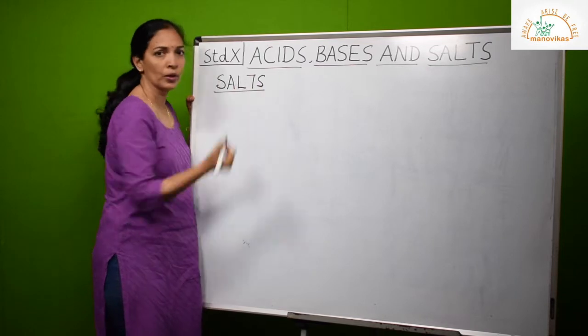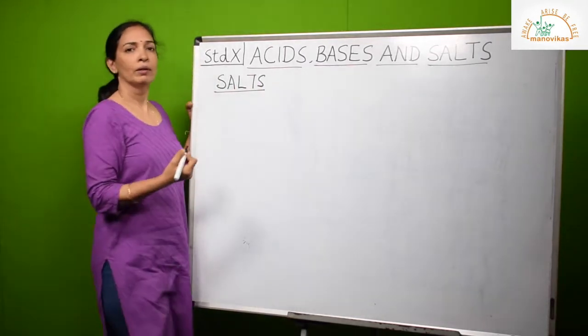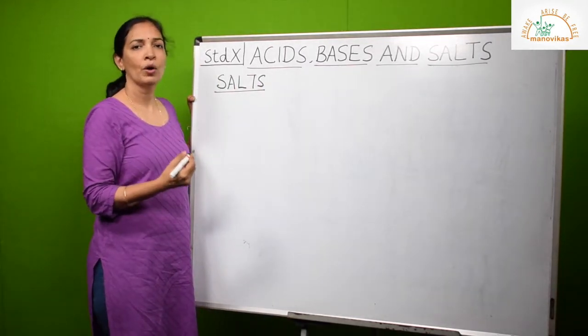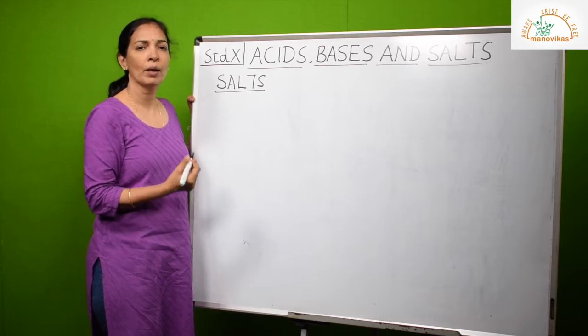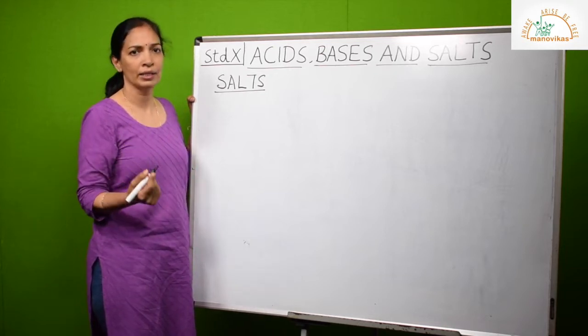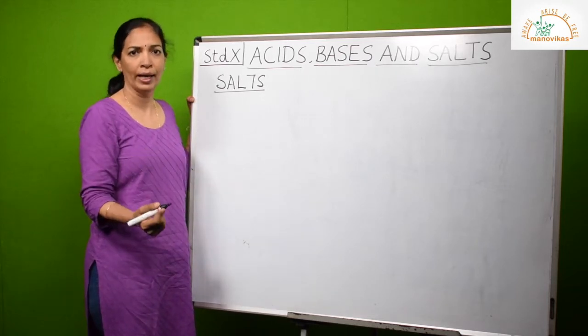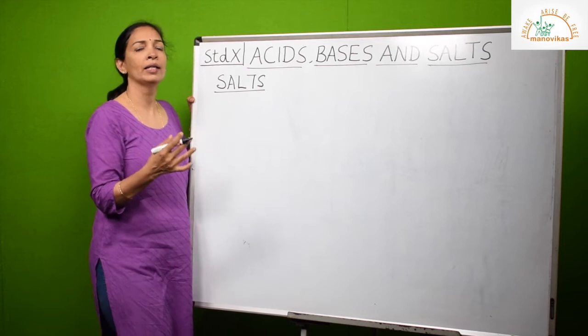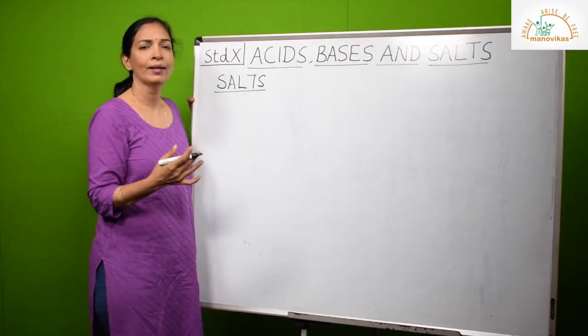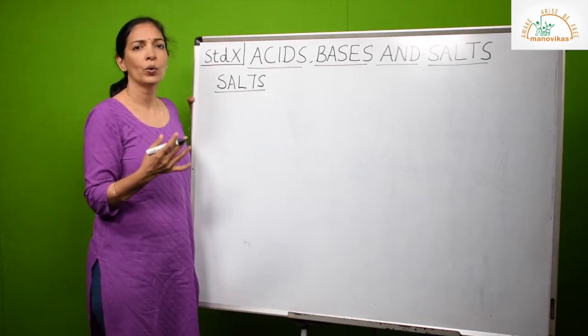What are salts? Salt is a compound which on dissociation furnishes a positive ion and a negative ion other than hydrogen ion and hydroxyl ion. That means the positive ion is not H plus ion and the negative ion is not OH minus ion.